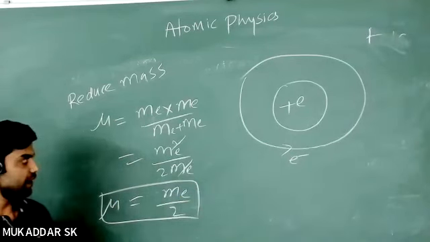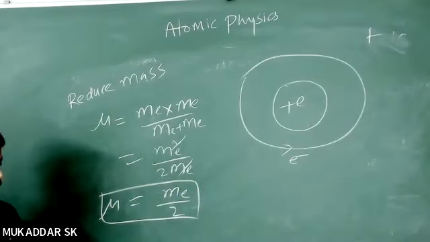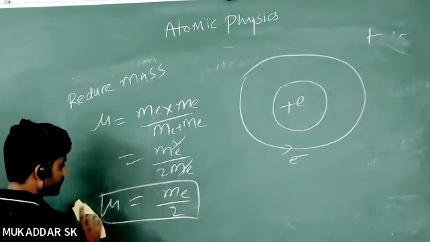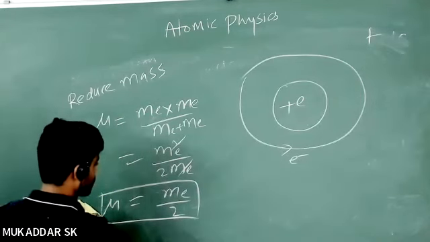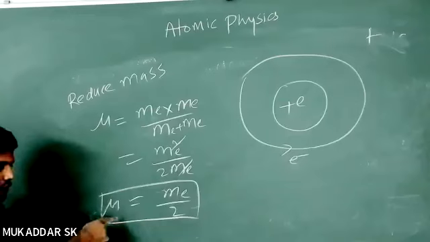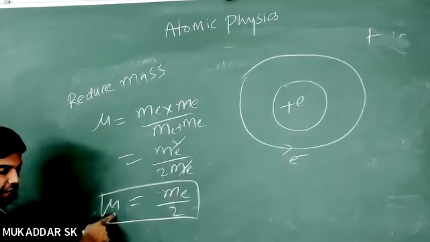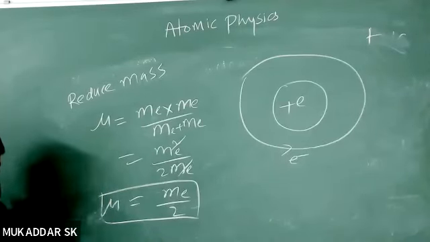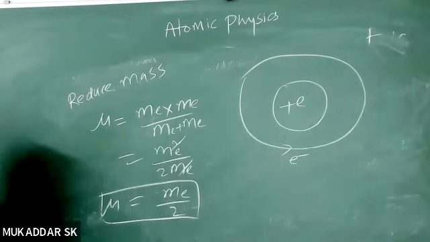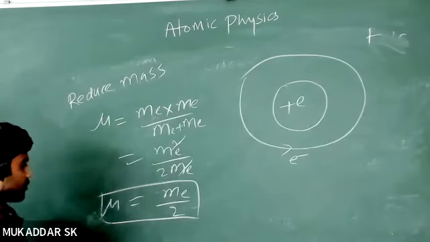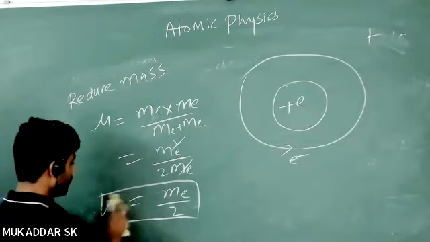Now I'll write the energy expression for this system. If you remember, due to finite mass I have written that energy expression. Have you written this expression? Shall I erase? Okay. So this much reduced mass you have.